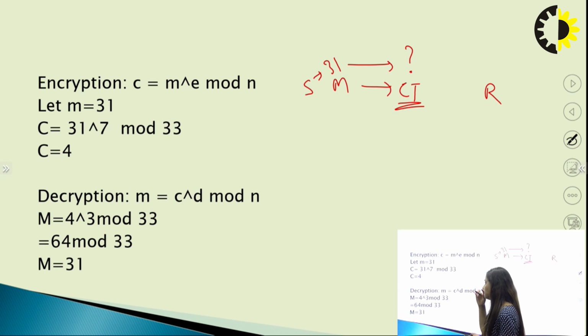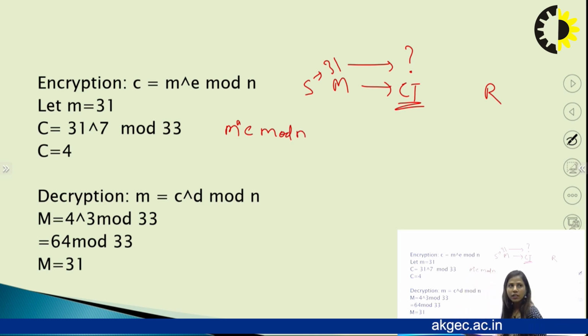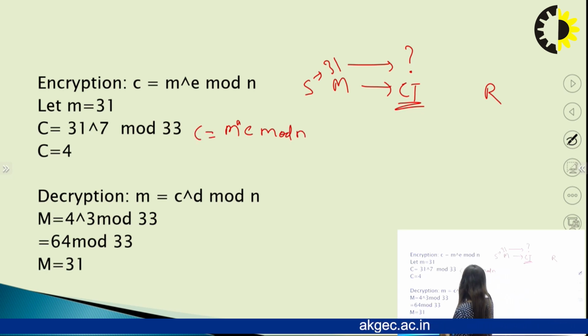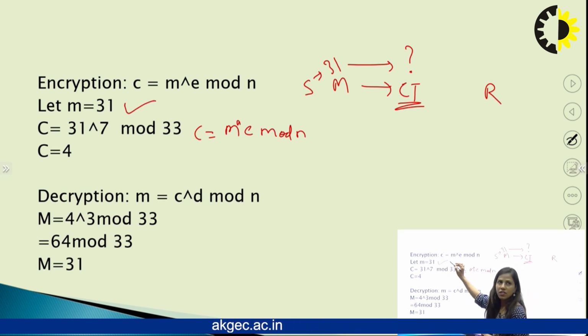What was the formula? C equals M to the power E mod N. That's how we can calculate the ciphertext. So what is the value of N? Let's suppose we have taken the message that is 31, and we have taken the key value.